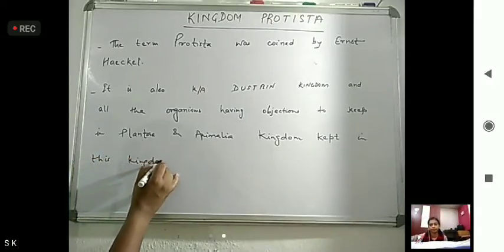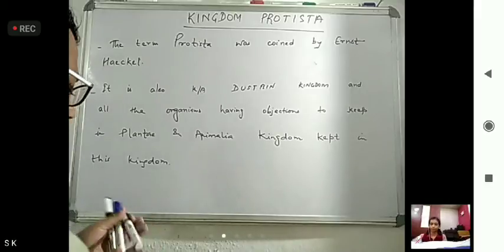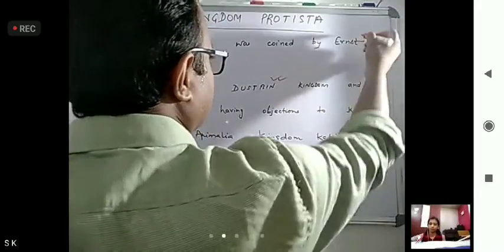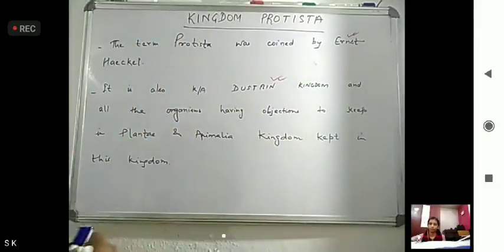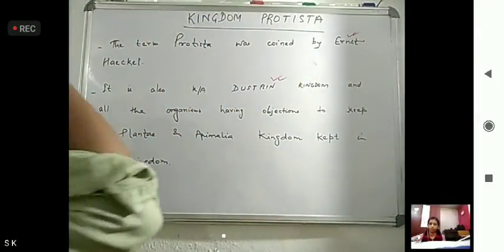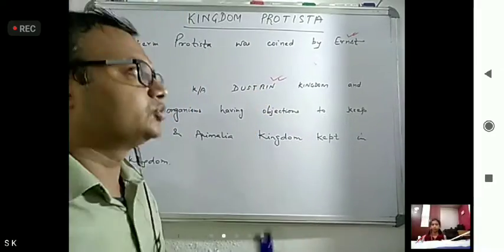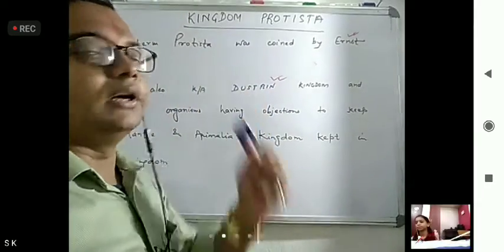And that's why it is known as what? Dustbin kingdom. Okay. Now, here one term Protista given by Ernst Haeckel that you have to remember. And which kingdom is known as Dustbin kingdom? So you have to remember that is Kingdom Protista.